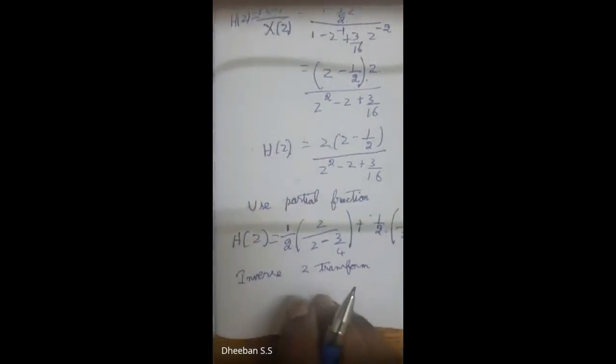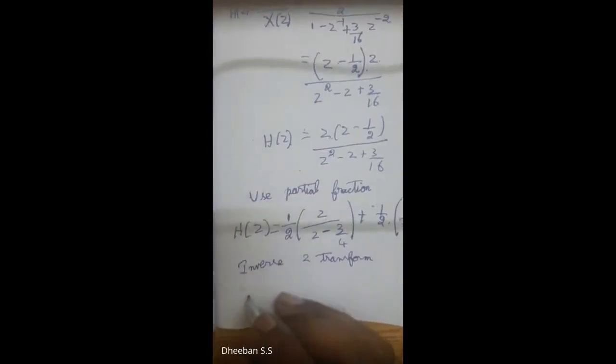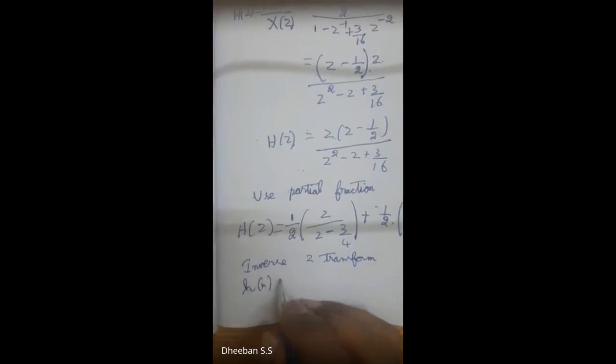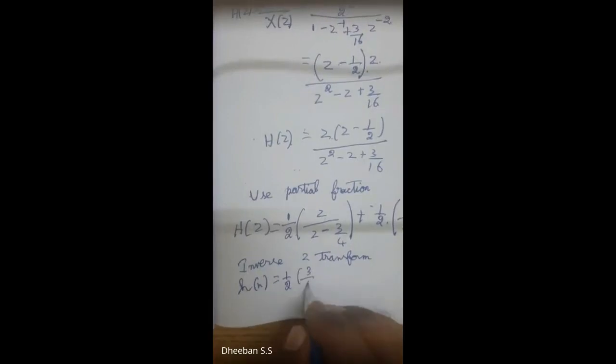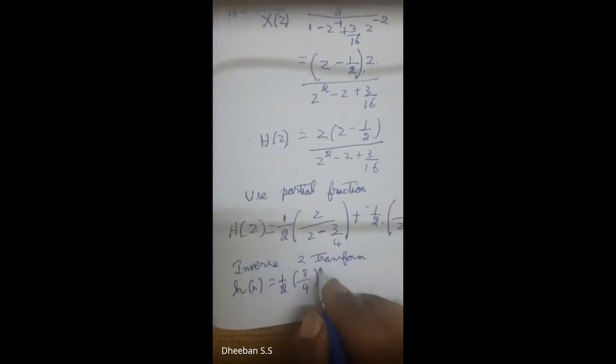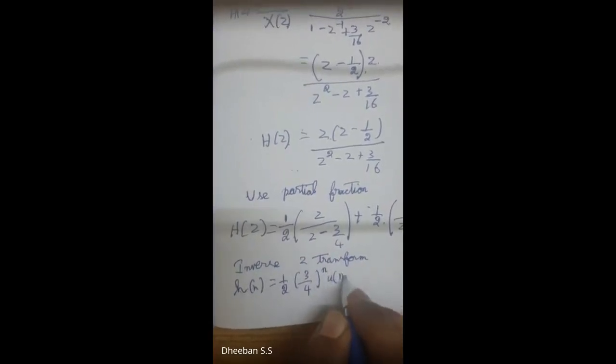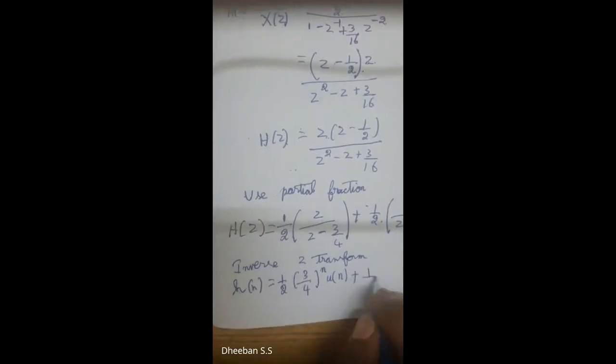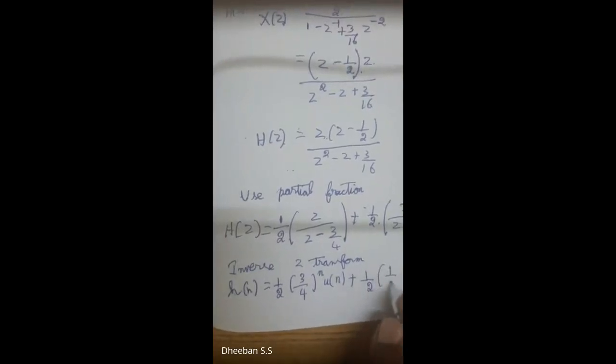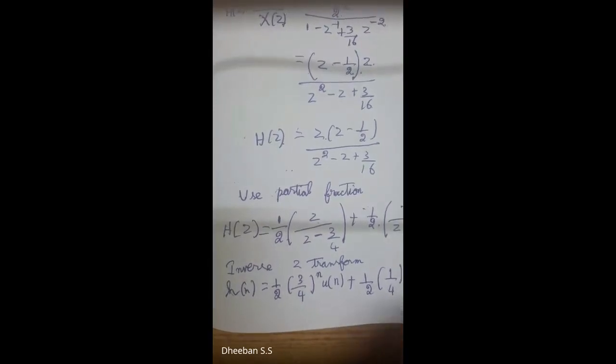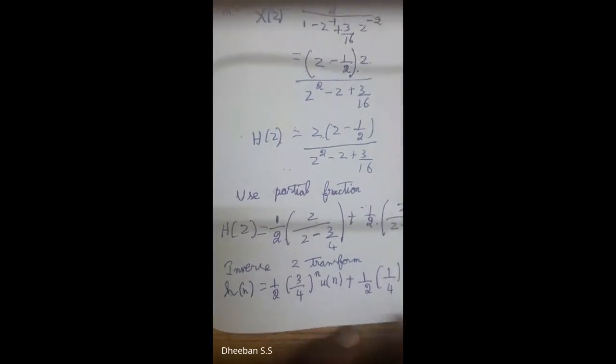We will be getting h of n equal to 1 by 2 into (3 by 4) the whole power n u of n, plus 1 by 2 (1 by 4) the whole power n into u of n. So this is your impulse response.